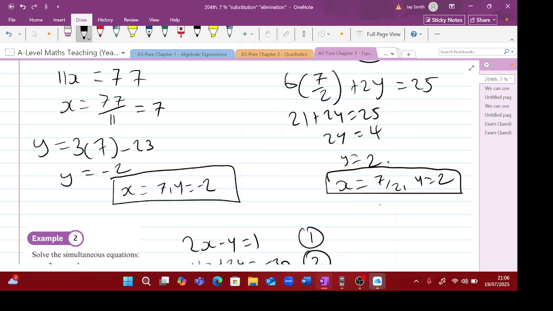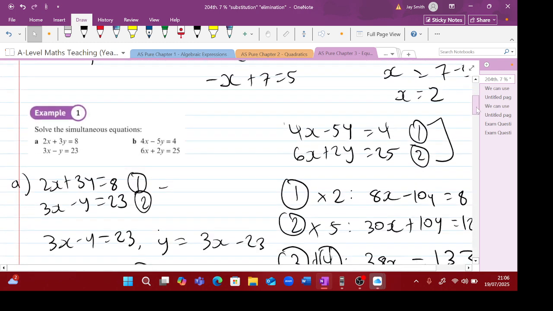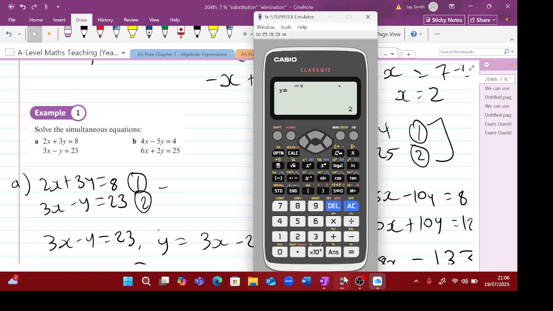Again, the calculator is a very powerful tool. All the calculators in your A level exam should have the property to solve simultaneous equations. This one is a Casio fx, but the examiners will anticipate you will be able to solve equations like this on your calculator.